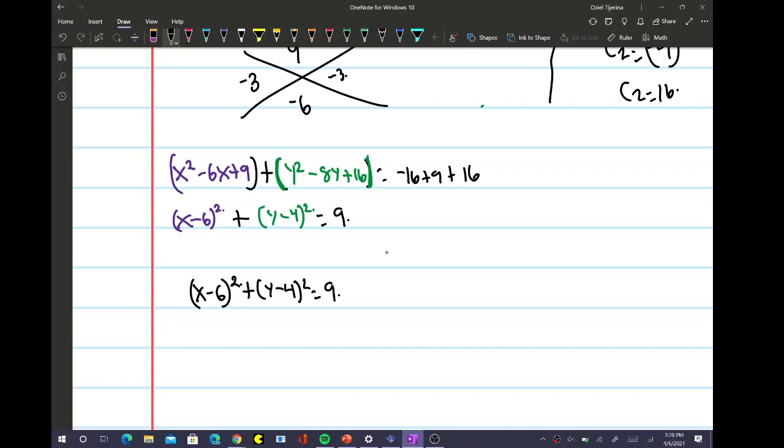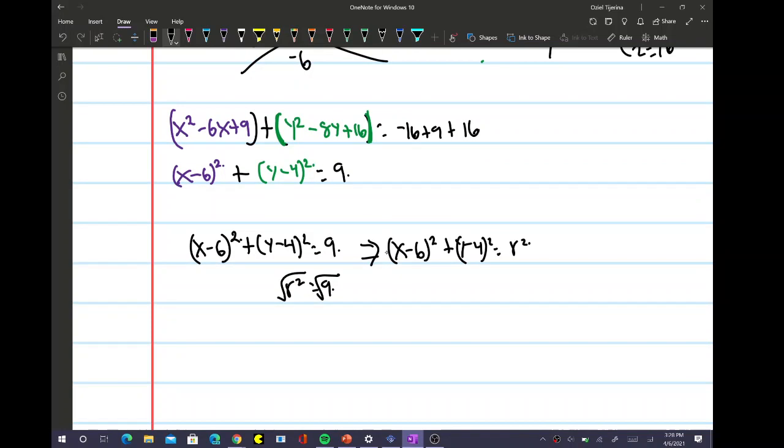Now, notice that this is x minus h quantity squared plus y minus k quantity squared equals r squared. So that means r squared equals 9. Take the square root, and you get that your radius is 3.